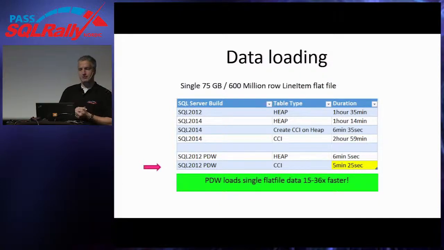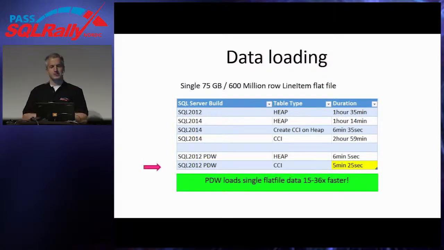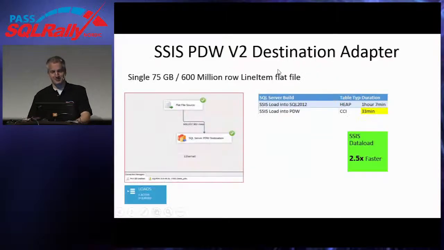So with SQL 2014 it was close to 3 hours to load this file, and with PDW it's just a couple of minutes. And actually loading into the CCI was faster than loading it into the heap. And that is also interesting.